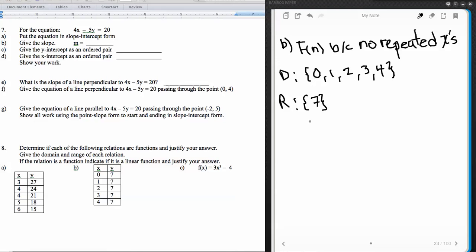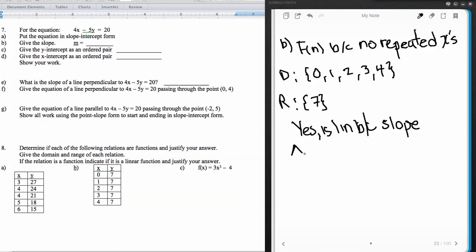Now my next question is, if the relation's a function, indicate if it's linear. Well, linear means I have constant slope. So yes, this is linear, because it has constant slope, and that is the long and short of it. And the way I find if something has constant slope, remember, is that I look at the change in the y's and then the change in the x's and compare change in y's to change in x's, and each and every time it's the same.